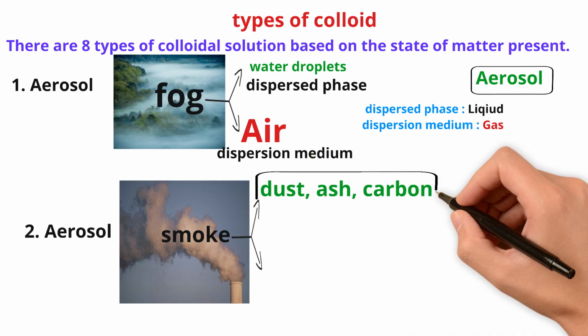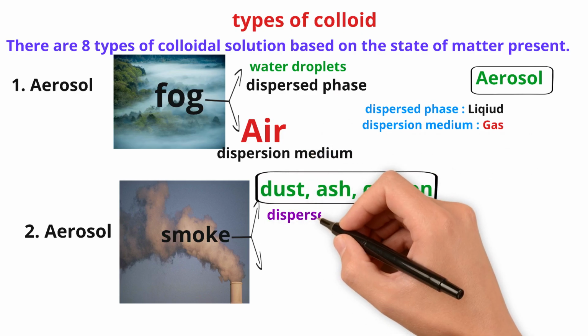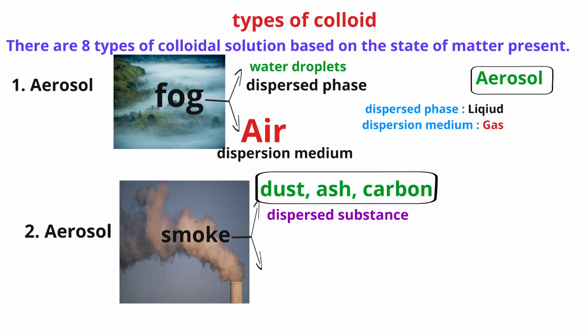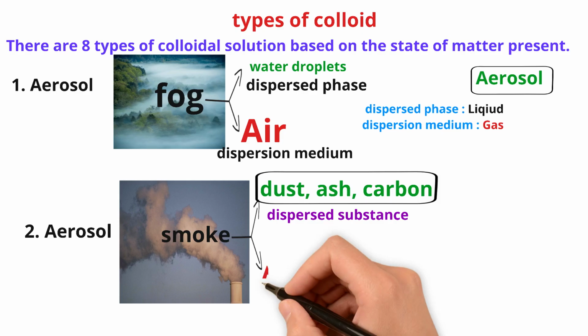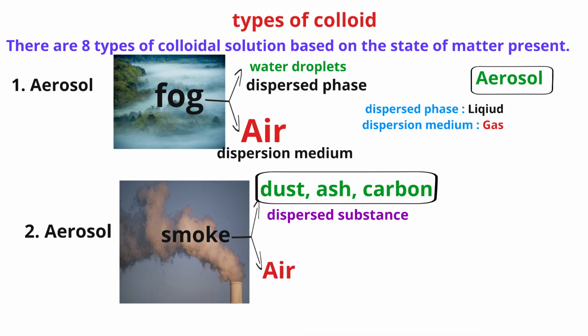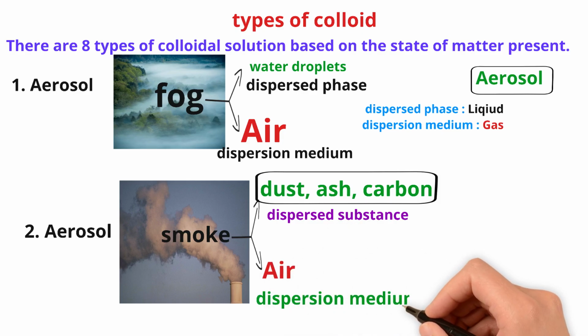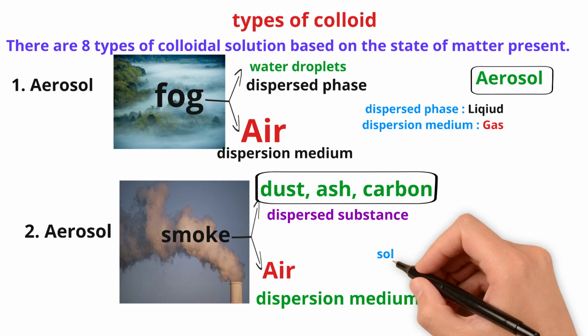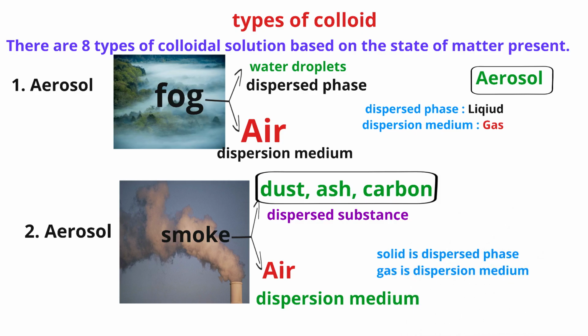Dust, ash, and carbon are the dispersed substances in smoke, and air is the dispersion medium. When dust, ash, and carbon are dispersed throughout air, they form smoke. Smoke is an example of aerosol. The solid is the dispersed phase, gas is the dispersion medium, and they form aerosol.